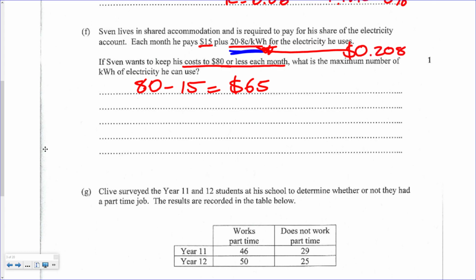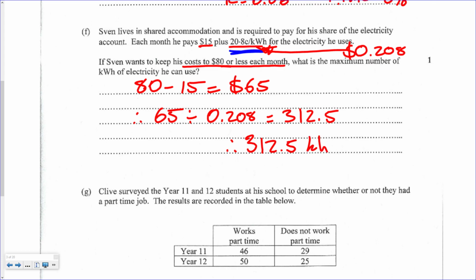So once we have that, we're going to have to get our 65 divided by 0.208. Just read the question carefully, it's saying cents, not dollars, which equals 312.5. So therefore, the maximum amount of kilowatt hours this guy can use is 312.5 kilowatt hours max.